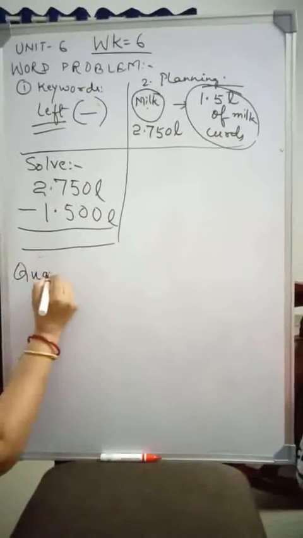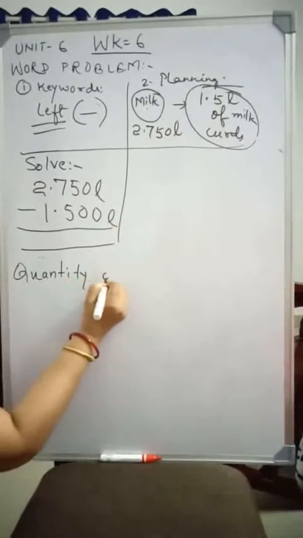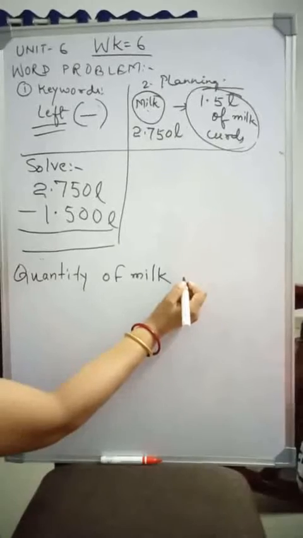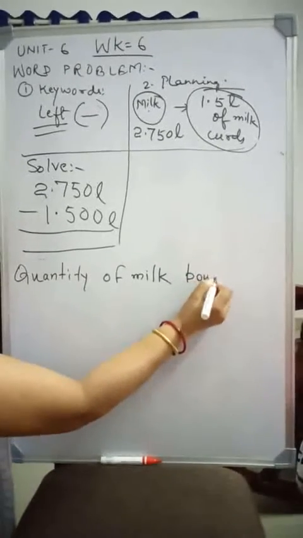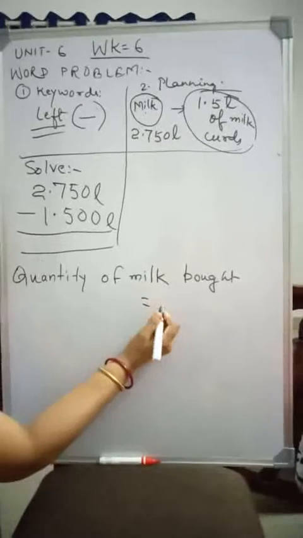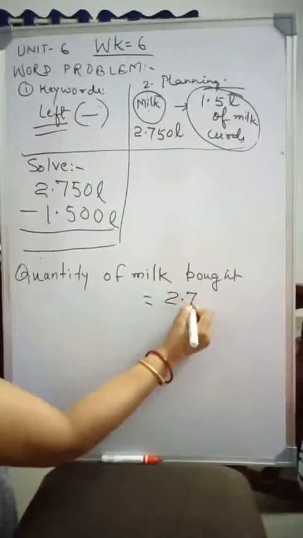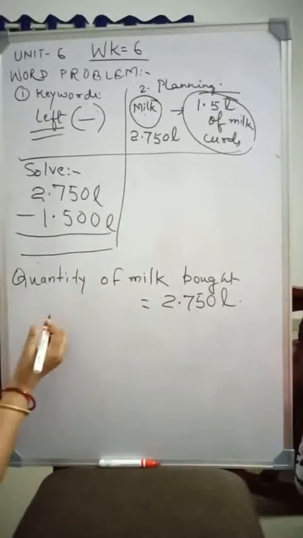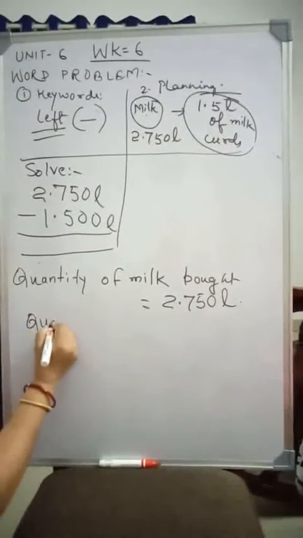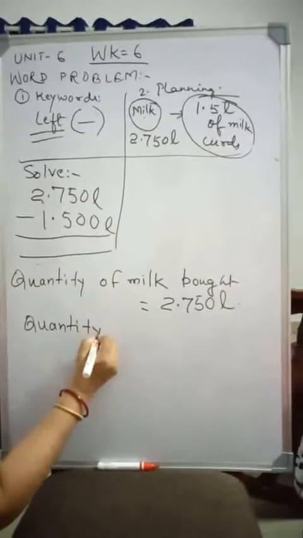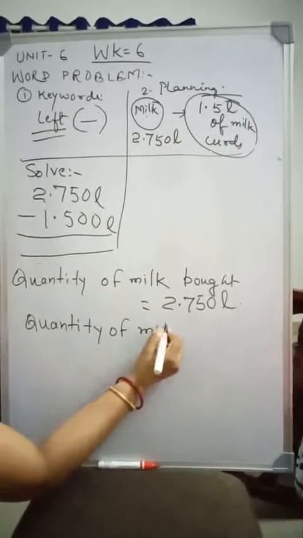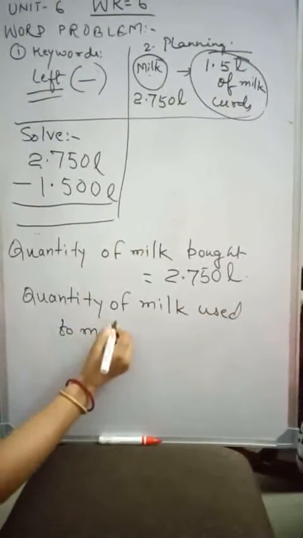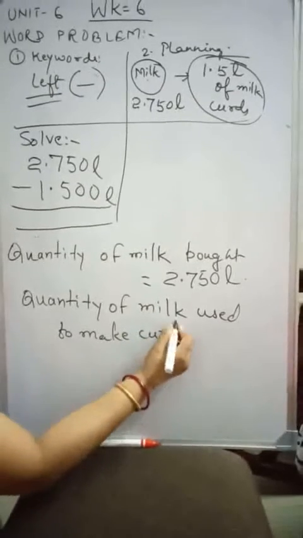Quantity of milk bought is equal to what? 2.750 liters, right? And the quantity of milk used to make curd is equal to what?